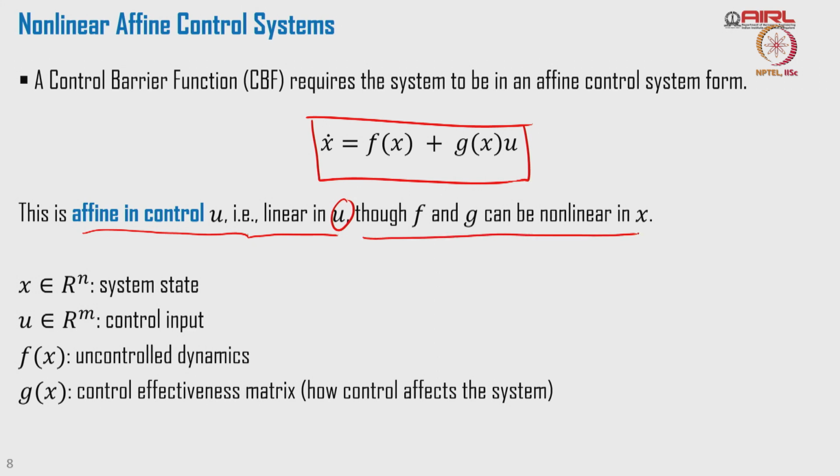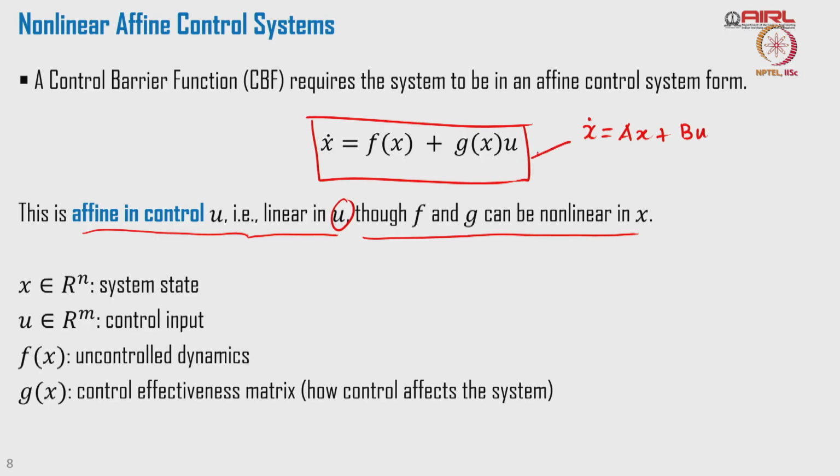though f and g can be non-linear in x. If we go back to the study on state space analysis, we have seen that when it's a linear system, then it can be represented as Ax plus Bu, right?